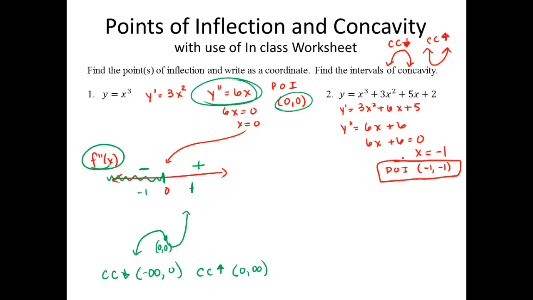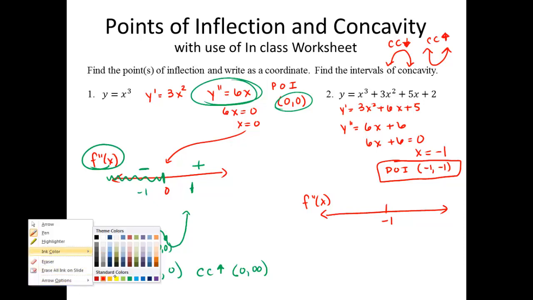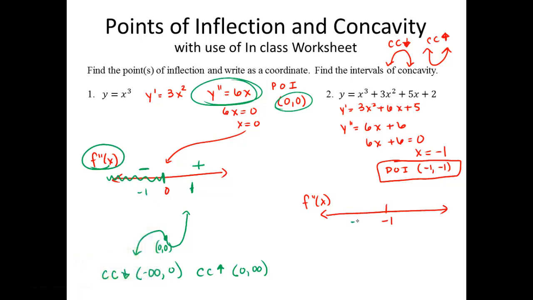So that's the first part. The second part is using the test to determine the intervals of concavity. It's a second derivative test, so I'm going to substitute my test values into the second derivative. So I'm going to grab -2, and maybe we'll test a 0. If I put a -2 into the second derivative, I get a negative value.